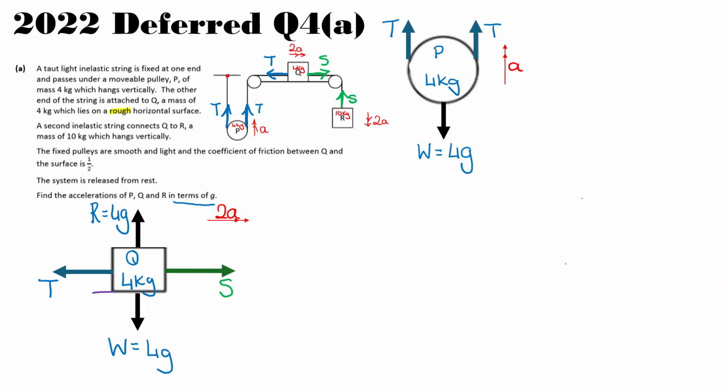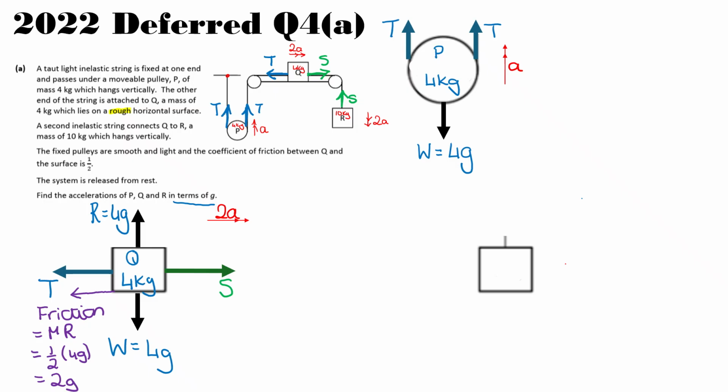Because it's moving to the right, then friction is pulling it to the left. So our friction is going to be equal to mu times R, which is a half times 4g, which is going to be 2g. And that's complete for that particle.